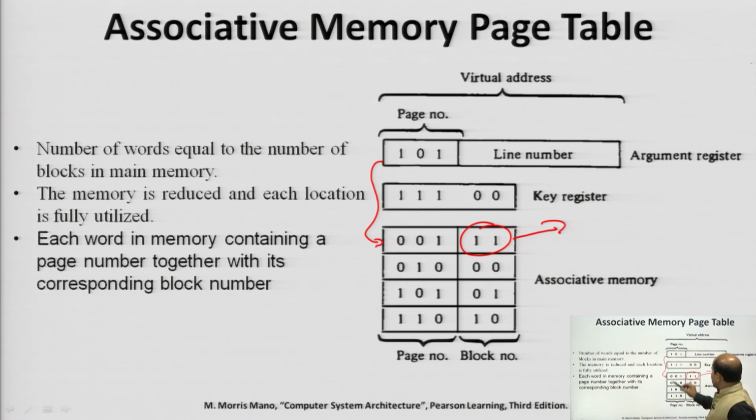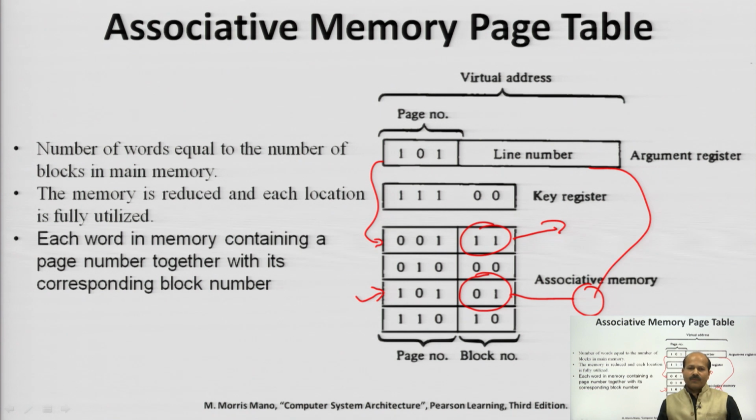So, we can see 101 is matched with this particular entry. It will start matching from first to last, and here the page number 101 is available, and the corresponding block number 01 will be transferred, or you can say this block number will be concatenated here to get the actual address of the particular page or word line.